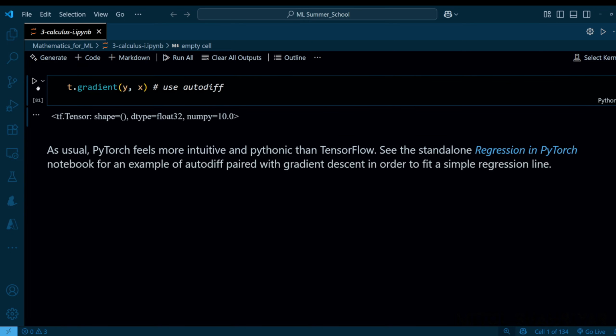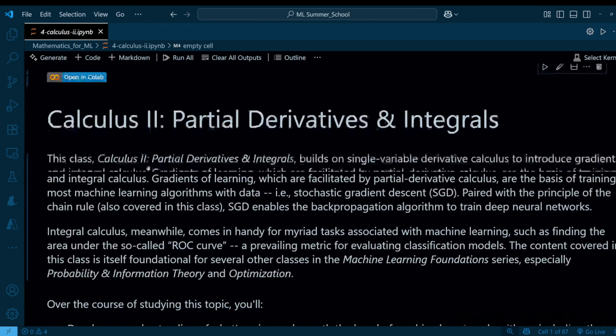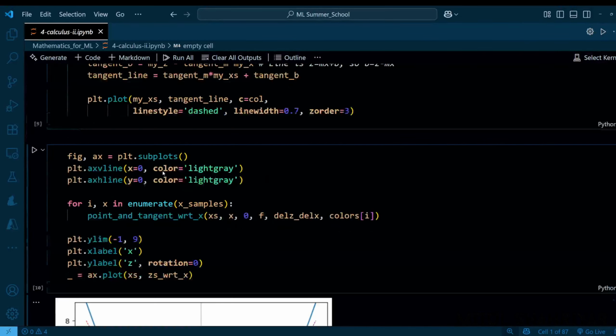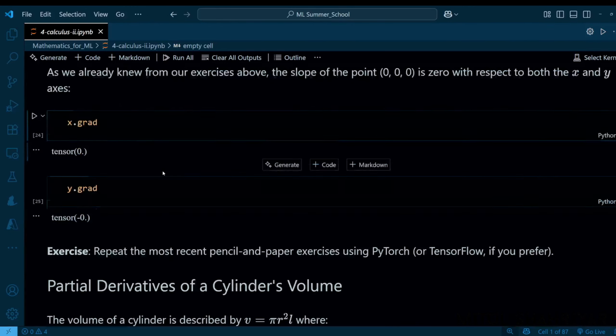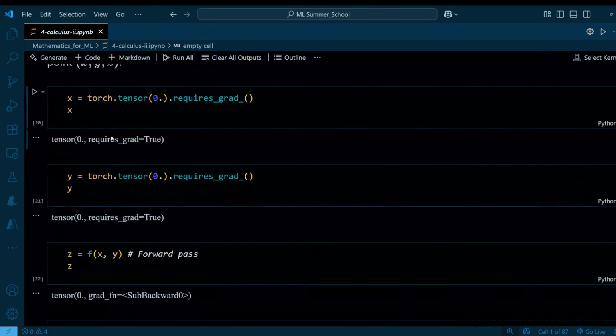Okay, now let's go for this one. We did mention this one.